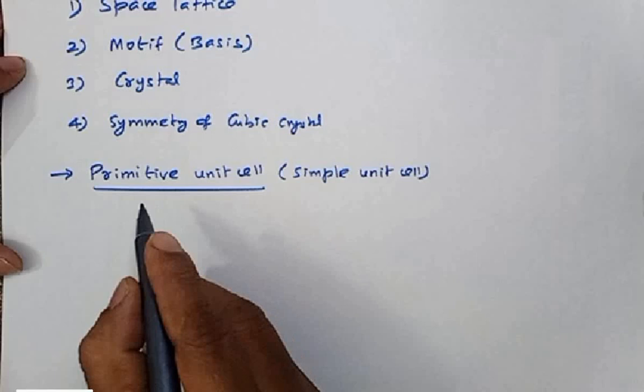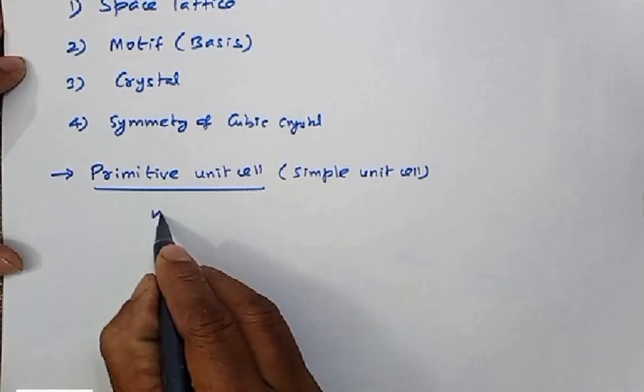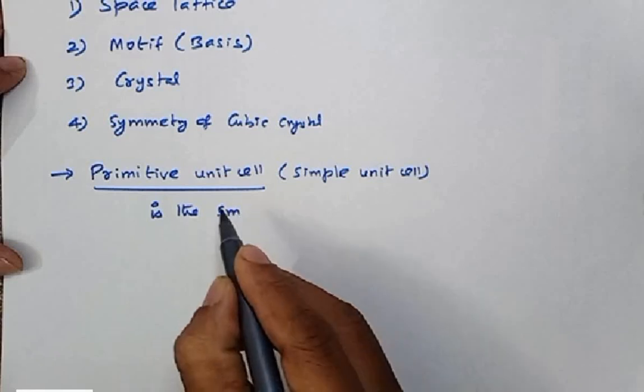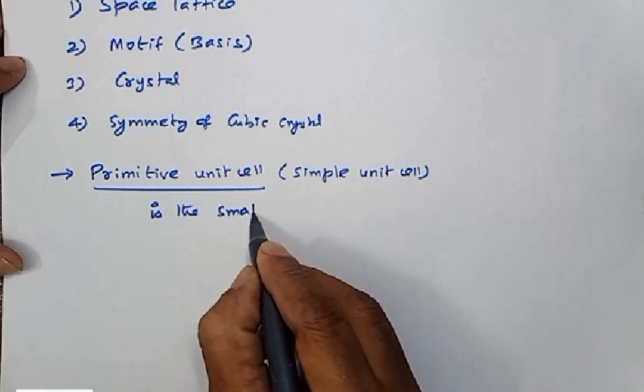Okay, so unit cell is the smallest portion, a three-dimensional portion actually.